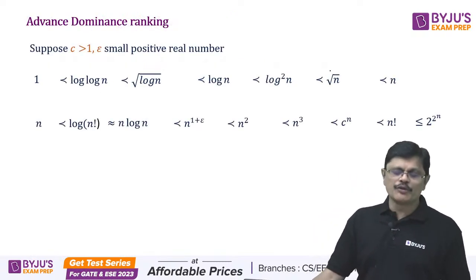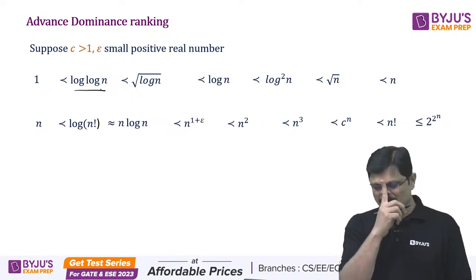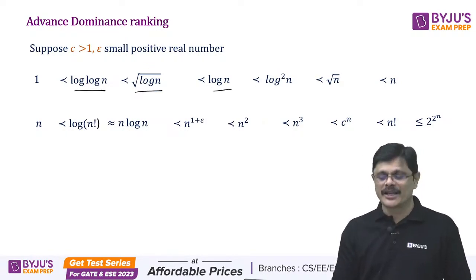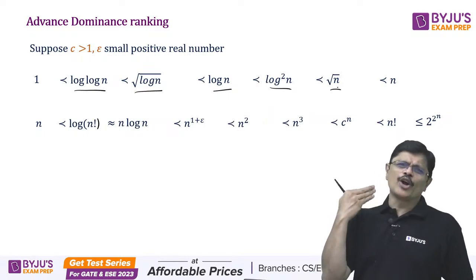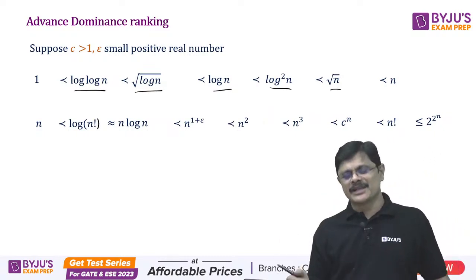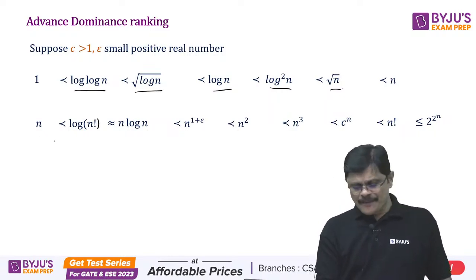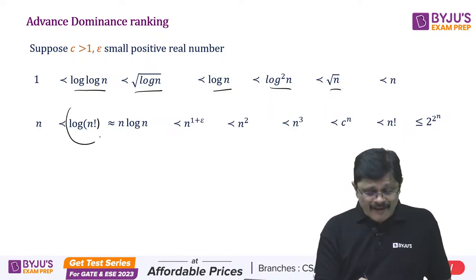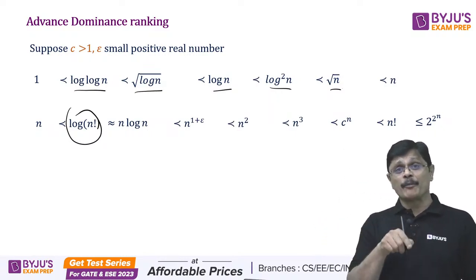So I am going to give you some advanced dominance ranking also. 1 is smaller than root log n, which is smaller than log n, which is smaller than log square n, which is smaller than, that is, any log power is smaller than n power something, sir. Maybe root n, and root n is smaller than n, okay, and n is smaller than log n factorial. See, log n whole factorial is different from log n factorial.